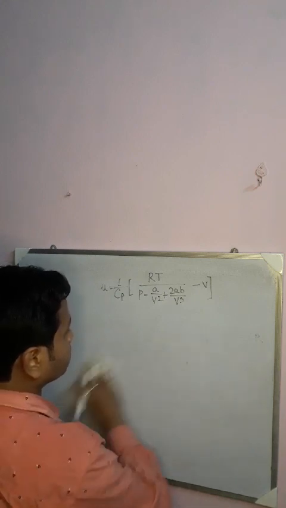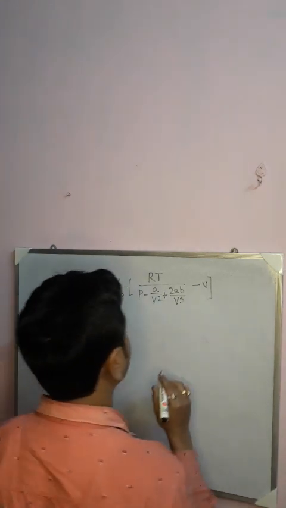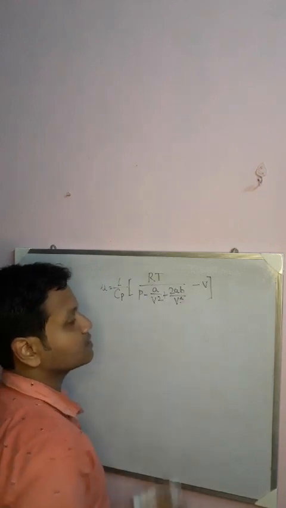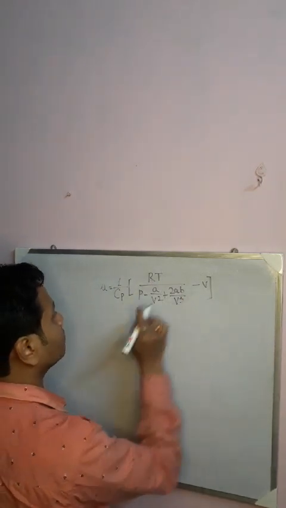Now we have to put P plus a by V square into V minus b instead of RT.